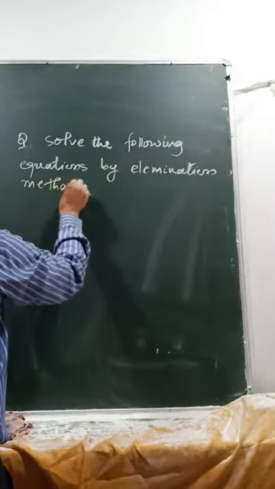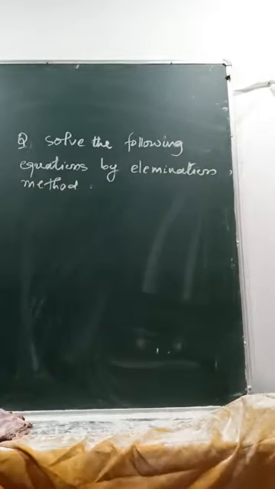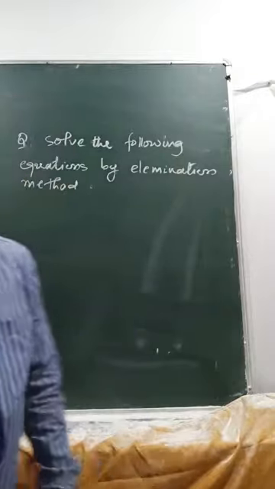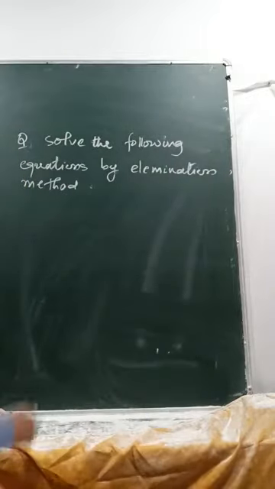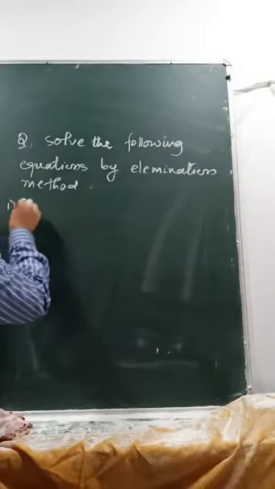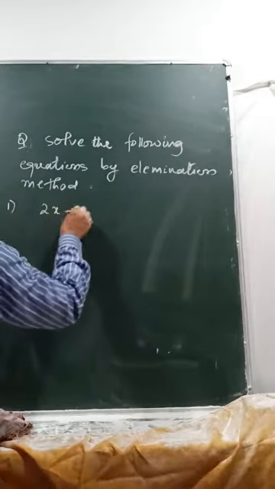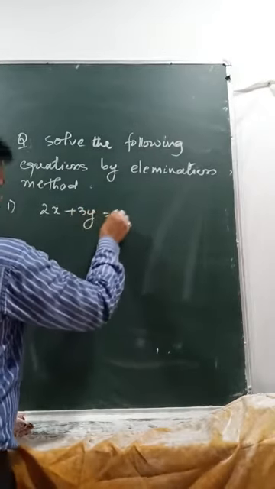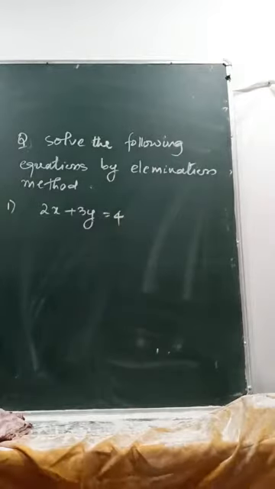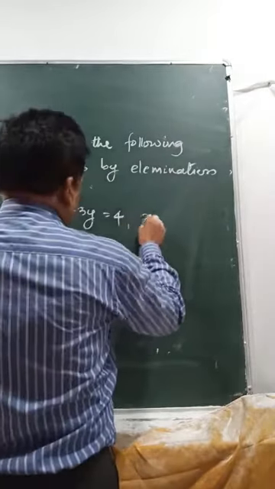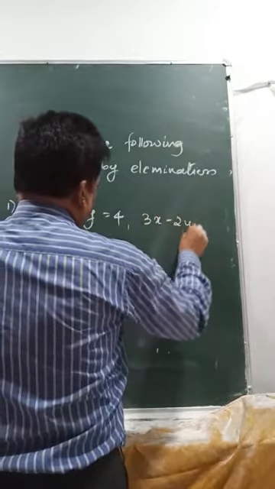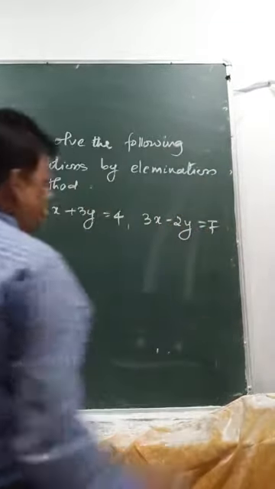Suppose your first question is 2x plus 3y equals 4, then 3x minus 2y equals 7.